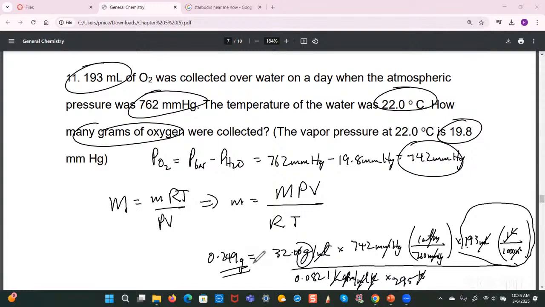Okay, any questions about this? Yes, sir. Liters, right here. It is liters atmospheres over mole Kelvin. That's the units for R. All right?